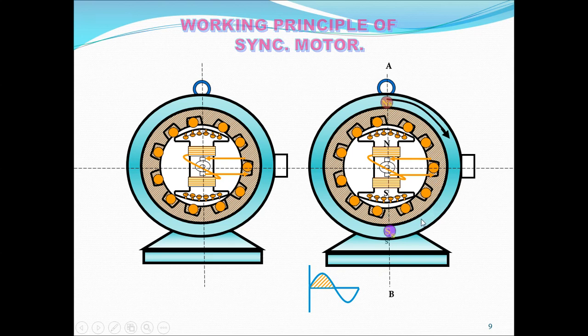Under these conditions, what happened? North pole and south pole attract each other. South pole and north pole will attract each other. That is called the magnetic locking. The magnetic locking is produced between the stator magnetic poles and rotor poles.